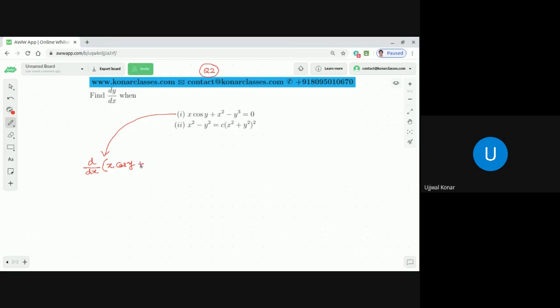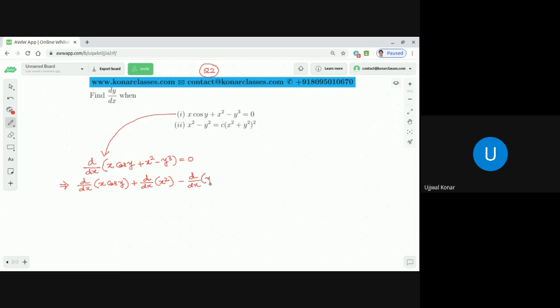Plus x square, sorry, minus y cube, that is equal to 0. d/dx of 0 is 0. So then what we are going to do? From the algebra of differentiation, we know it is the differentiation of the individual functions: d/dx of x into cos y, plus d/dx of x square, minus d/dx of y cube.